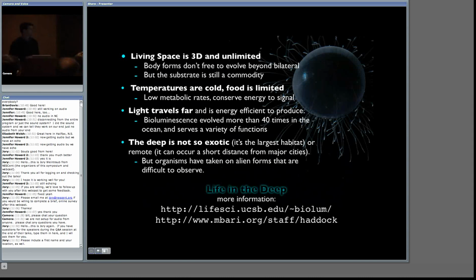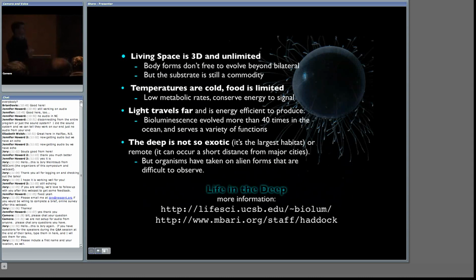So I don't usually like wordy summarizing slides, but just as some take-home lessons from this. One thing is that there's different constraints when you're operating in this mid-water environment. There's sort of different constraints on the evolution than there are on a lot of marine species that are more familiar from the intertidal, like barnacles or things like that.